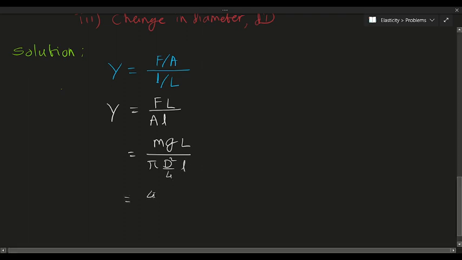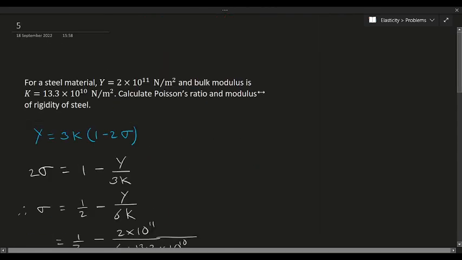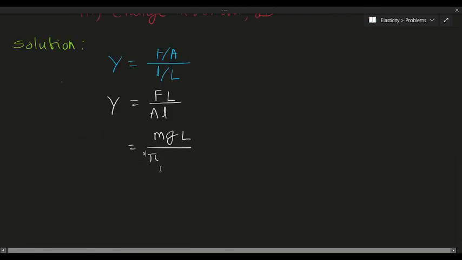So we finally write this as 4 mgL divided by pi d square.